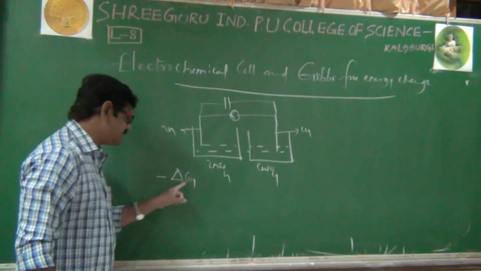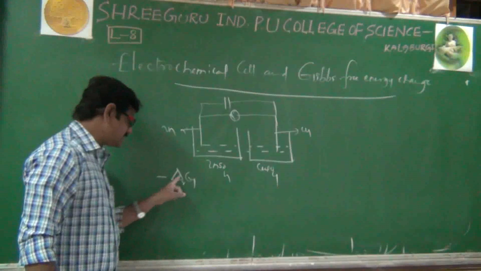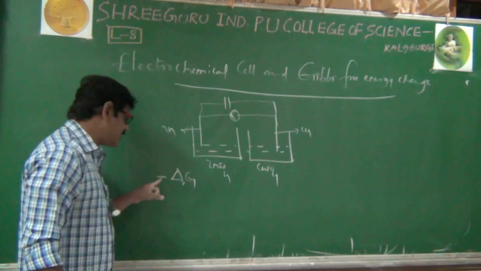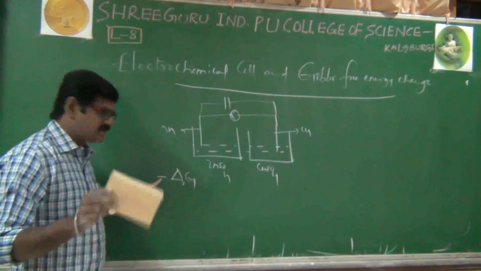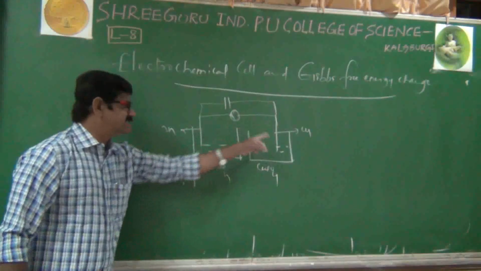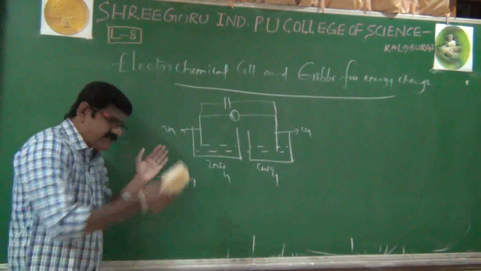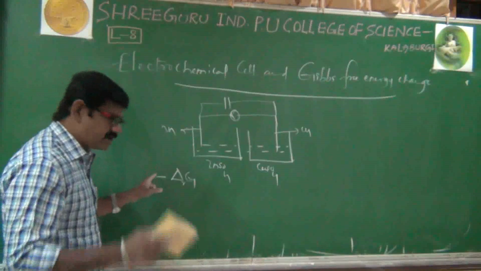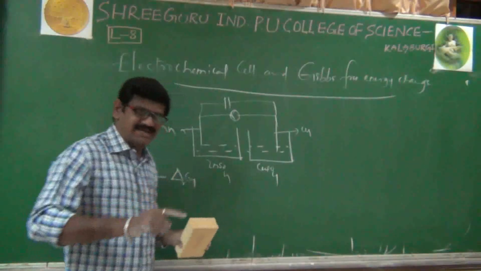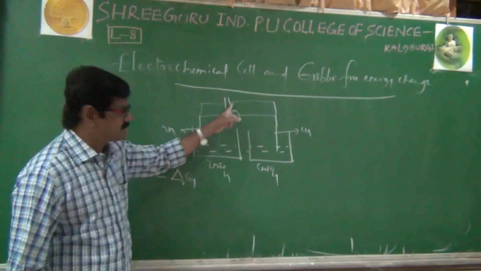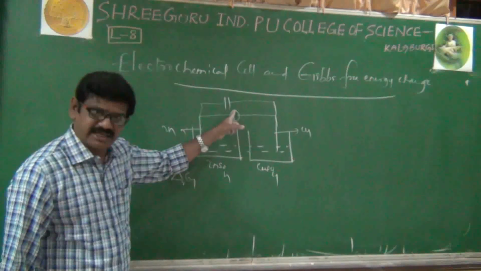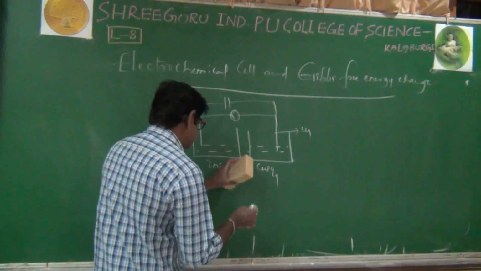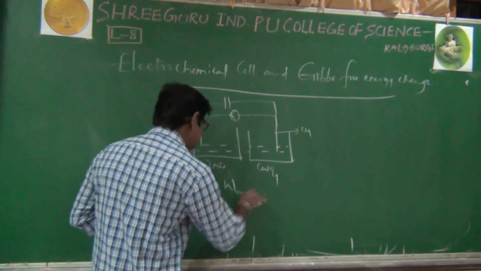Therefore, minus delta G, R is nothing but a reversible process. The reason we are taking minus is that during a spontaneous redox reaction, some amount of energy is lost, which is indicated by the negative sign. Whatever the amount of energy is lost, that energy is converted into electrical energy. Electrical energy is nothing but work done. We'll write W maximum, maximum work done.